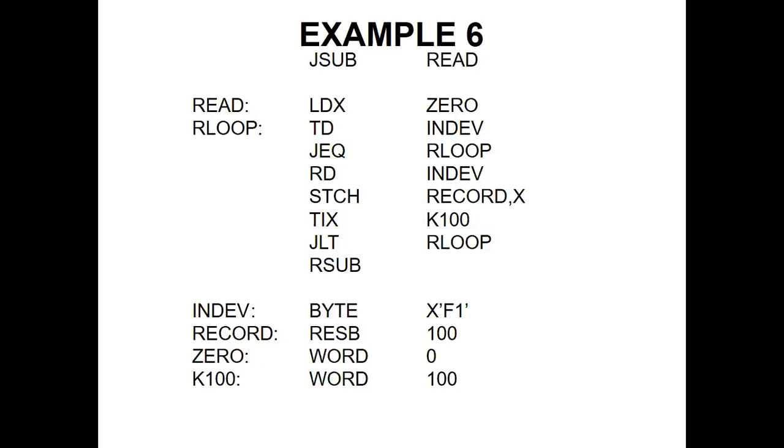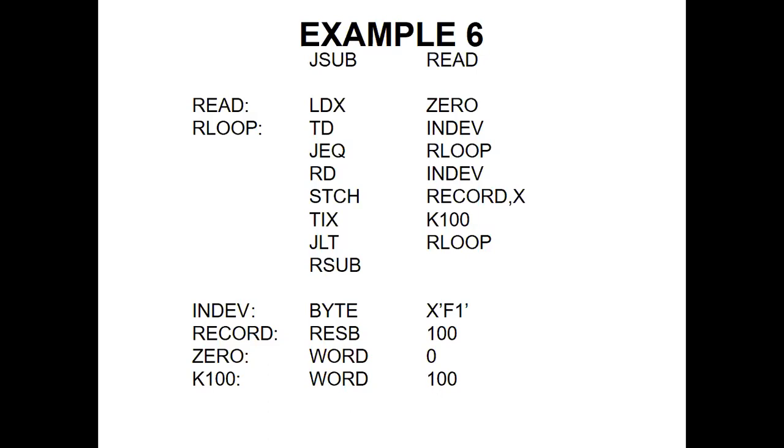Then we test the input device. If it is not ready, that means jump if equal, because that is when it is not ready. We go back at what we are calling error loop, and then we test again. So if we get less than, that means the device is ready, then we can read in dev.